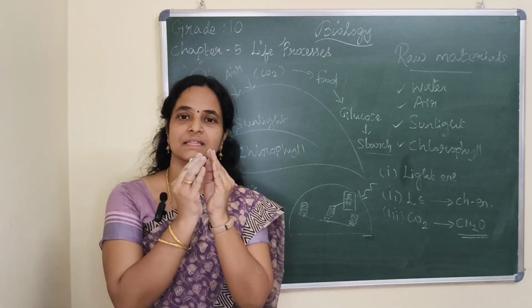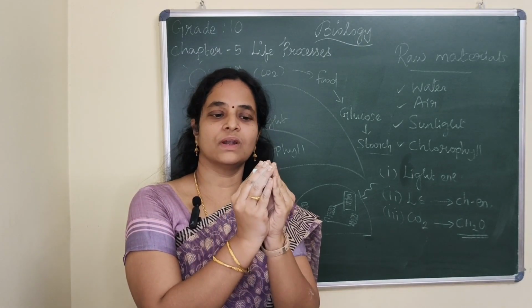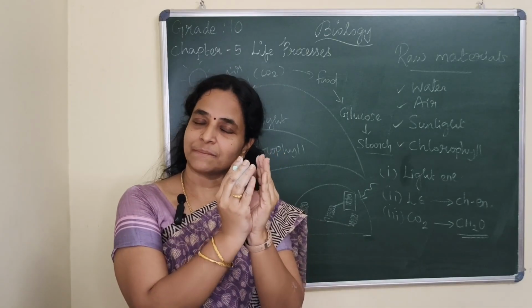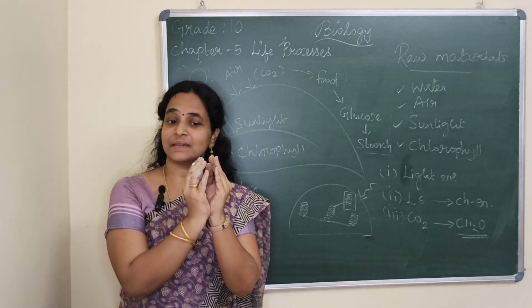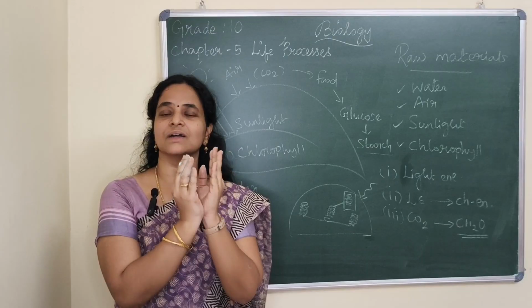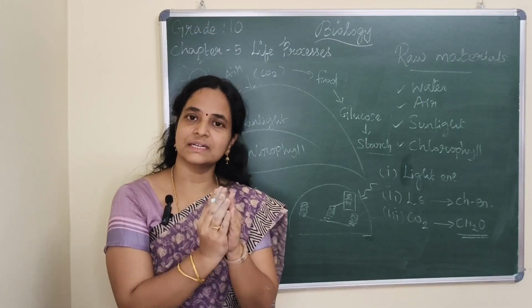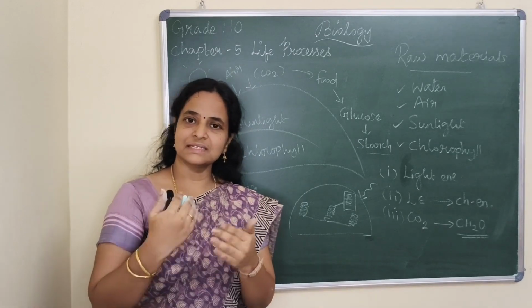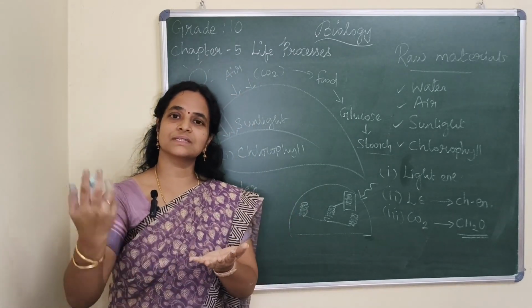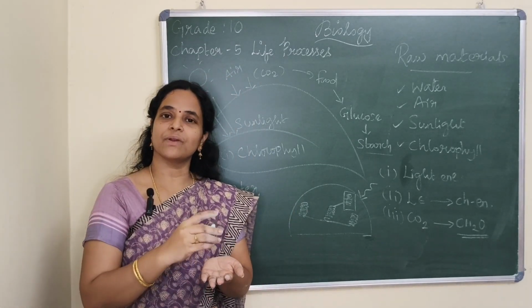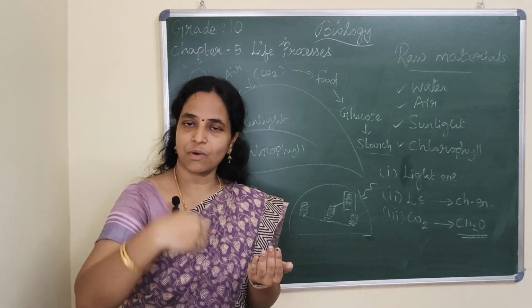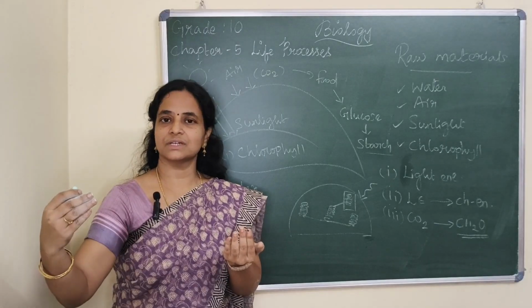Just imagine the guard cell is filled with water and they are opening. What will happen when they open in a desert area? The temperature will be very high. What will happen? Excess transpiration will occur. So, in order to avoid that excess transpiration, the desert plant will store carbon dioxide as an intermediate product in the night time itself. I told you that plants will take up oxygen and they leave out carbon dioxide during night.